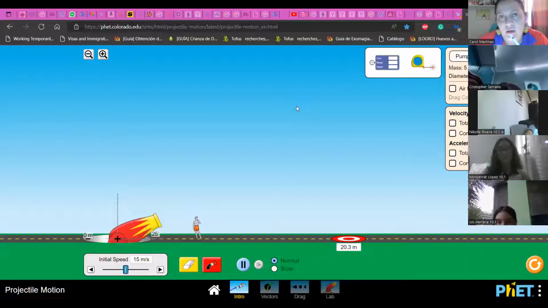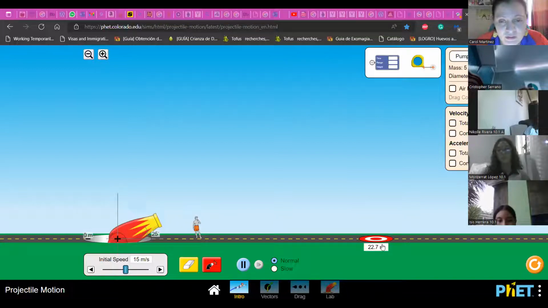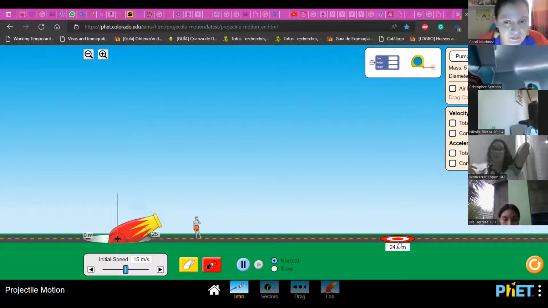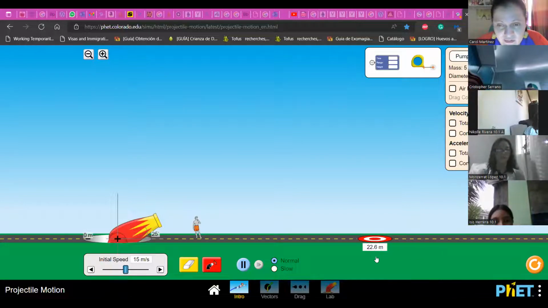Now, I like to use this app. Well, it's not an app, it's a website. This website allows me to show you the projectile motion. This is my target. If you want, I can share this link with you so you can be testing.